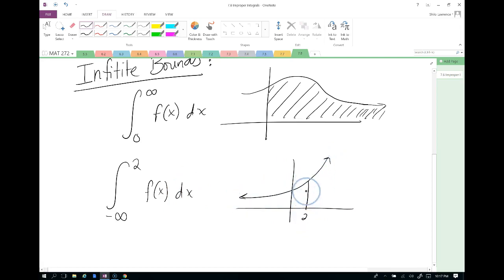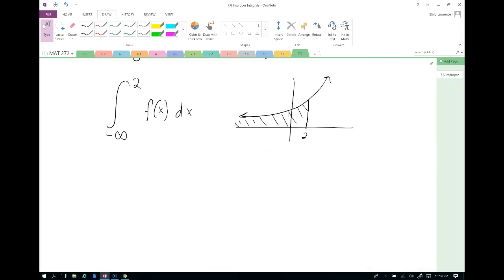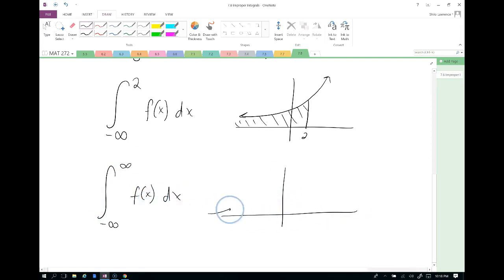So we could just have one side be infinite, or we could integrate from negative infinity to positive infinity and have both sides be infinite. And I want to know all of the area under this graph from negative infinity to positive infinity, which sometimes we can calculate and sometimes we can't.